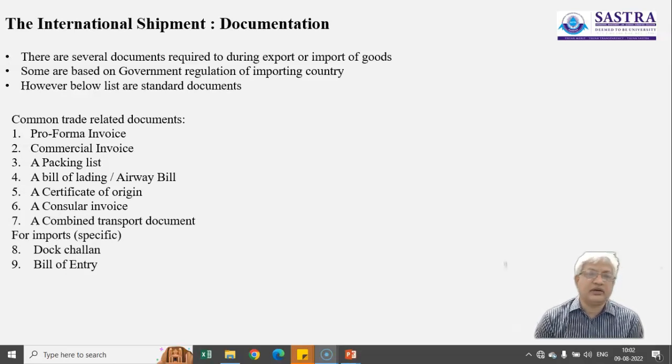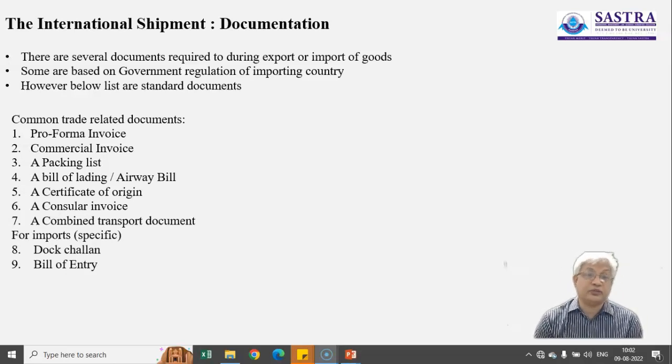Some common trade related documents are pro forma invoice, commercial invoice, a packing list, a bill of lading or an airway bill depending on the mode of the shipment, a certificate of origin, a consular invoice. Well, this is not a standard document in the sense some countries do not actually require this, and some country guidelines mandate that a consular invoice is a must.